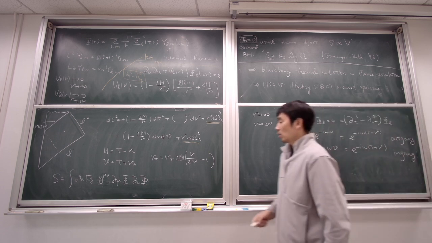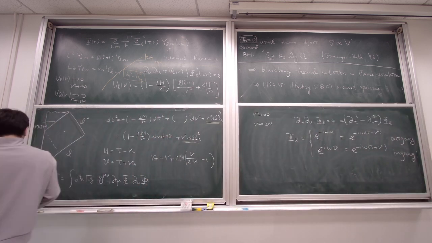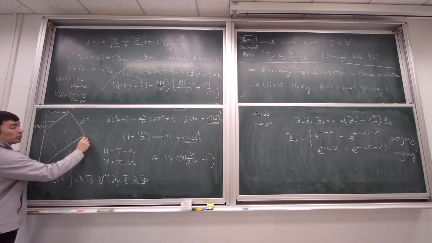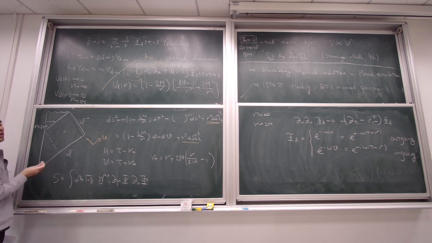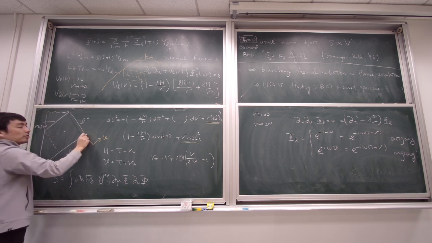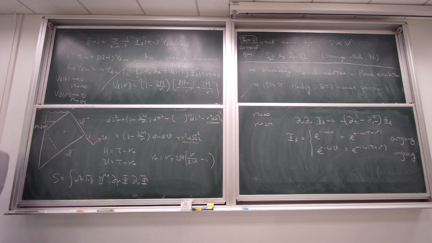Okay, so which direction? Here the v direction is this direction, as always, this cross type, and the u direction is this direction. So when u is equal to constant, you have this direction.